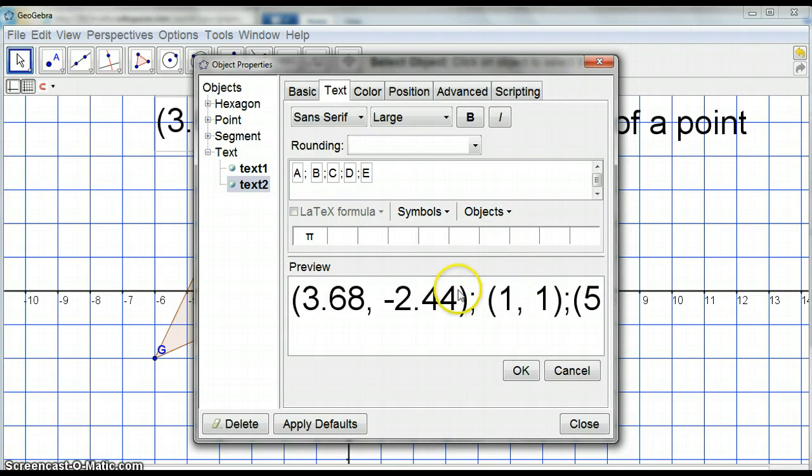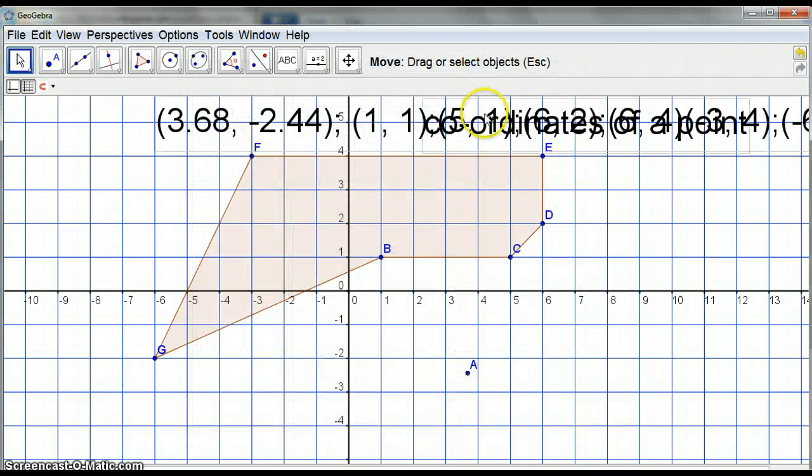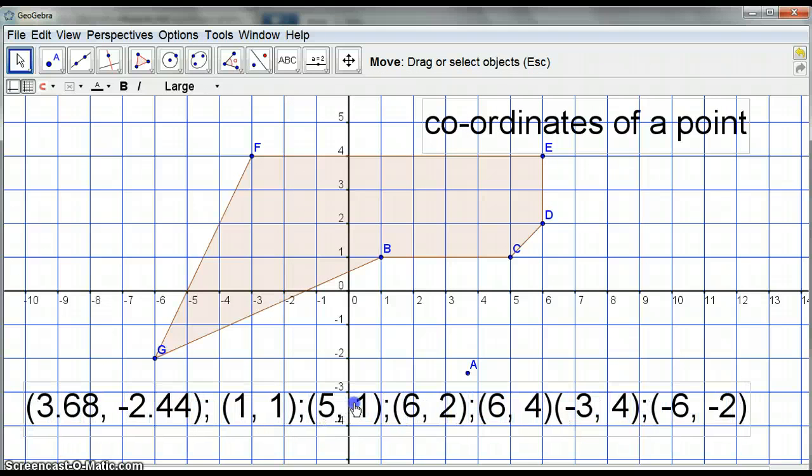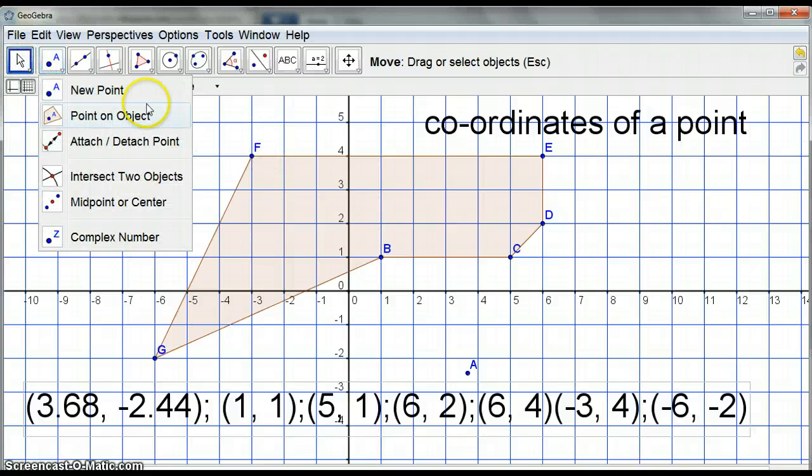E and F and G. Okay, so I have a list of coordinates there which I can then give my friend and see if my friend comes up with that drawing. Does that make sense?